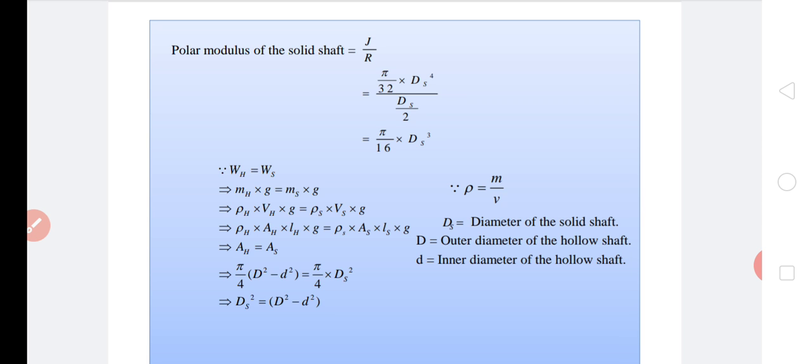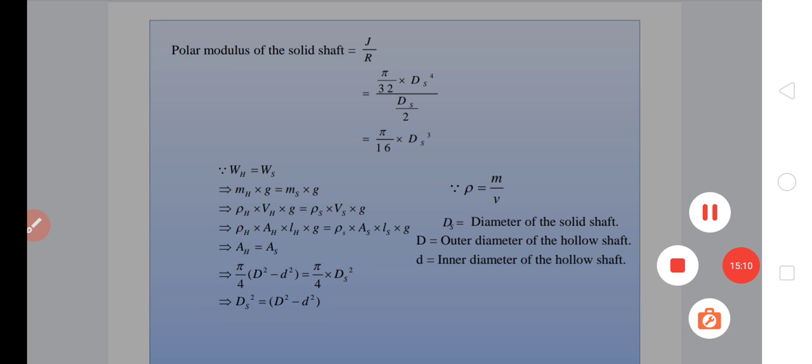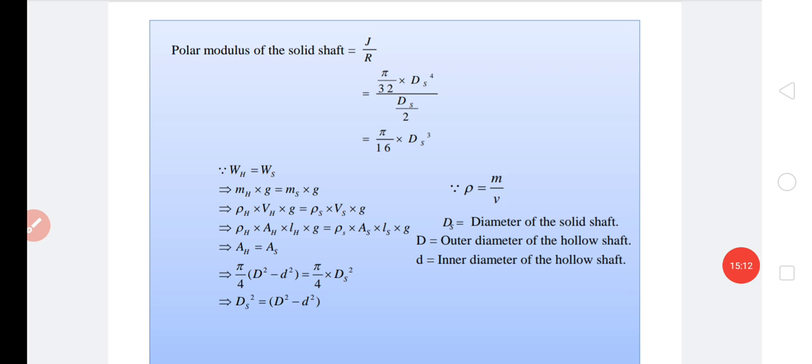So rho of H into V of H into g equals rho of S into V of S into g. That is, rho of H into A of H into L of H into g equals rho of S into A of S into L of S into g.